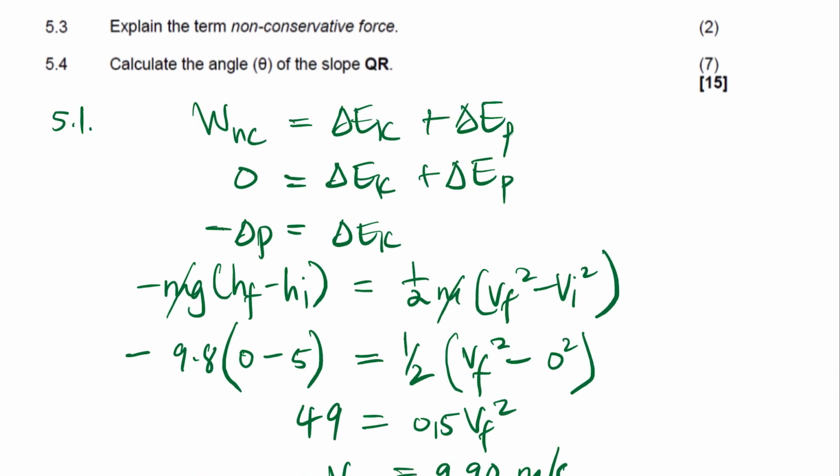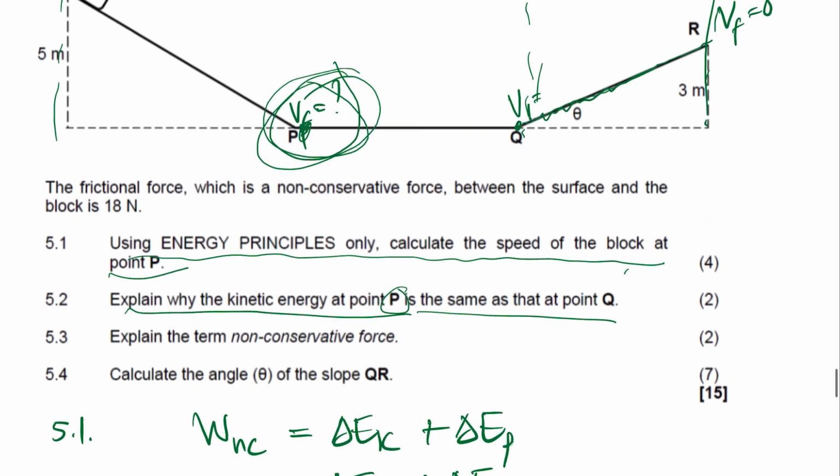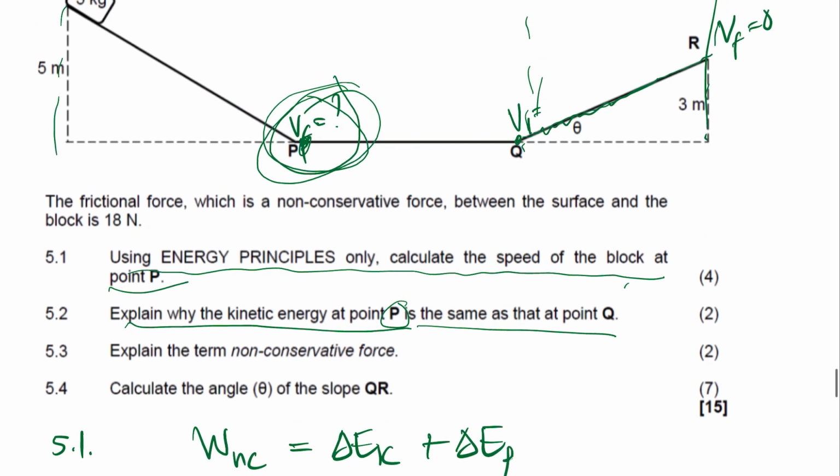Now 5.2, it says explain why the kinetic energy at point P is the same as at point Q. As I've mentioned earlier, guys, as it reaches the bottom here, the velocity increases. When it gets to this point, the velocity will be constant here because there's no other force there.